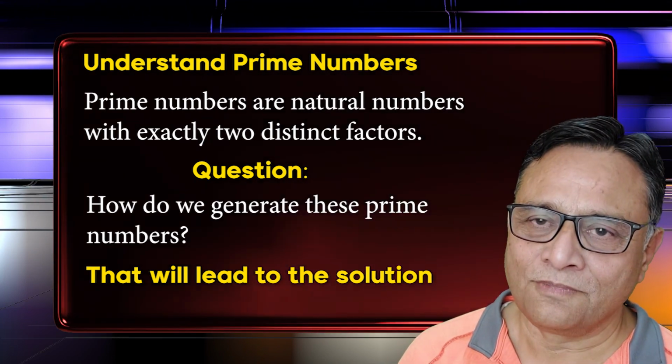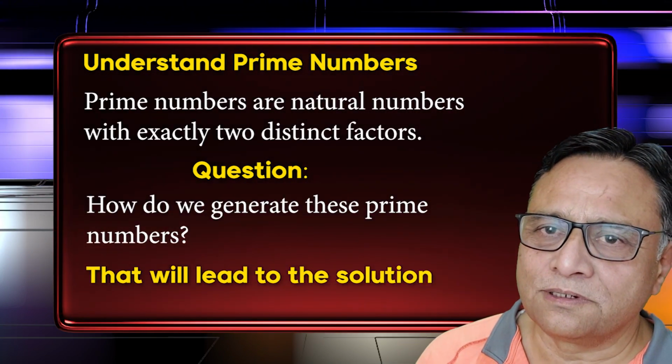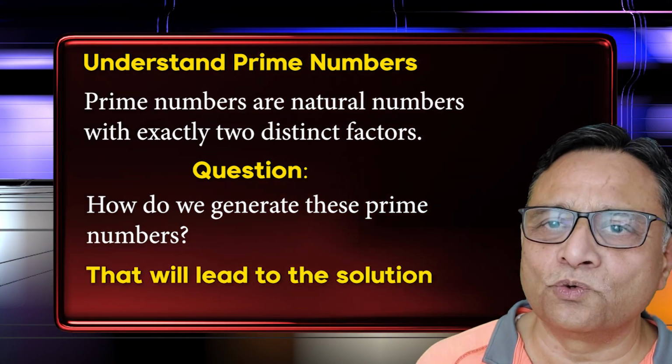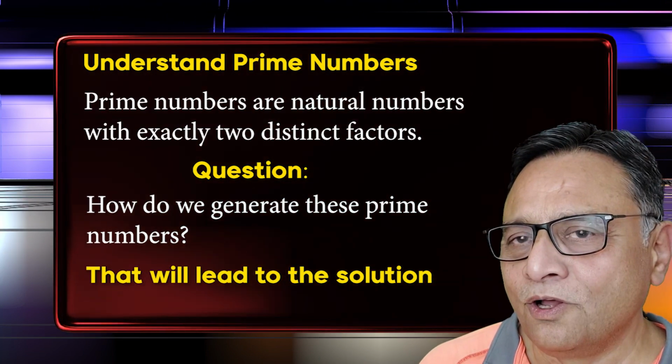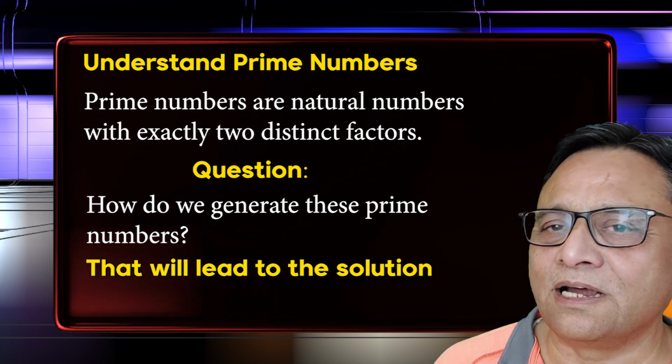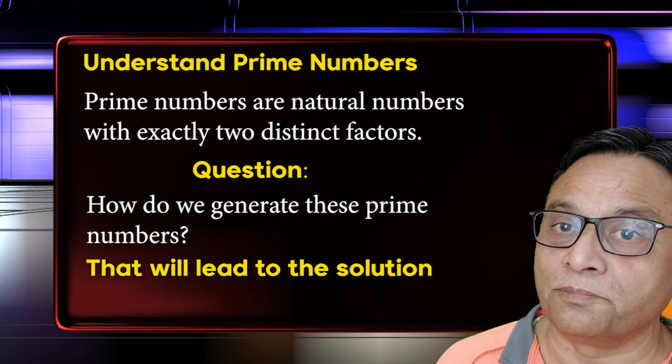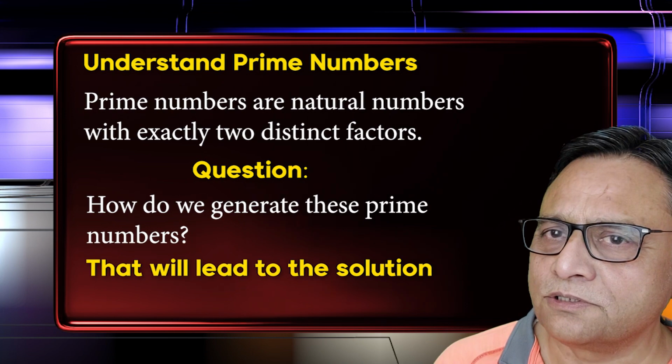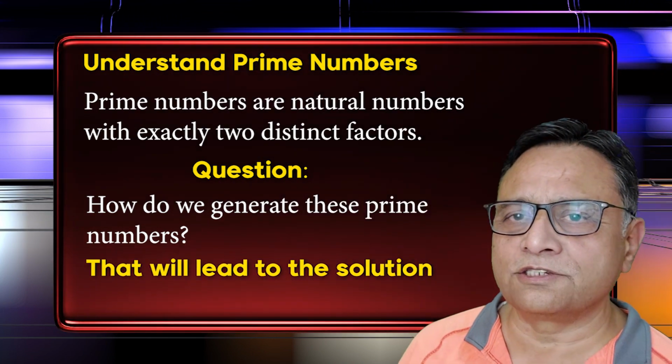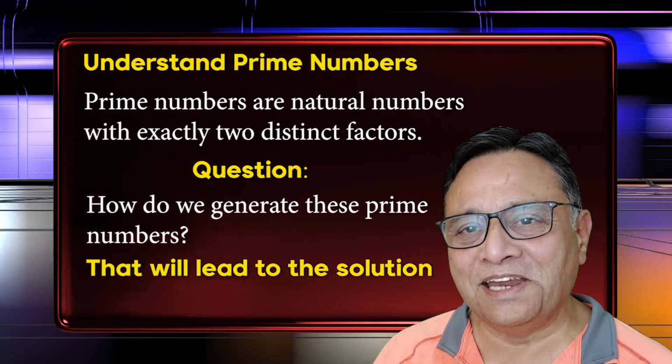Now in this particular case, the major difficulty with the students is how do they show that they have a finite or infinite number of prime numbers? Because most of the students do not understand how we generate prime numbers.